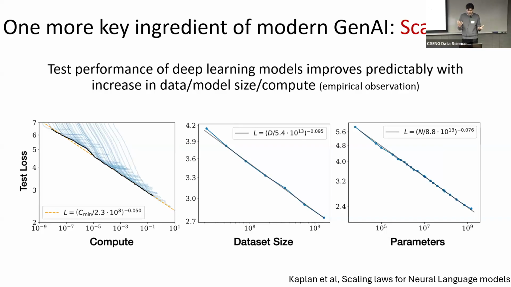And this has been one aspect of deep learning which has been very, very powerful and nice, that we see more and more in multiple domains that the test performance of deep learning models improves very predictably. So it allows us to predict how my training will look. And of course, it is predictable in data, model size and compute.